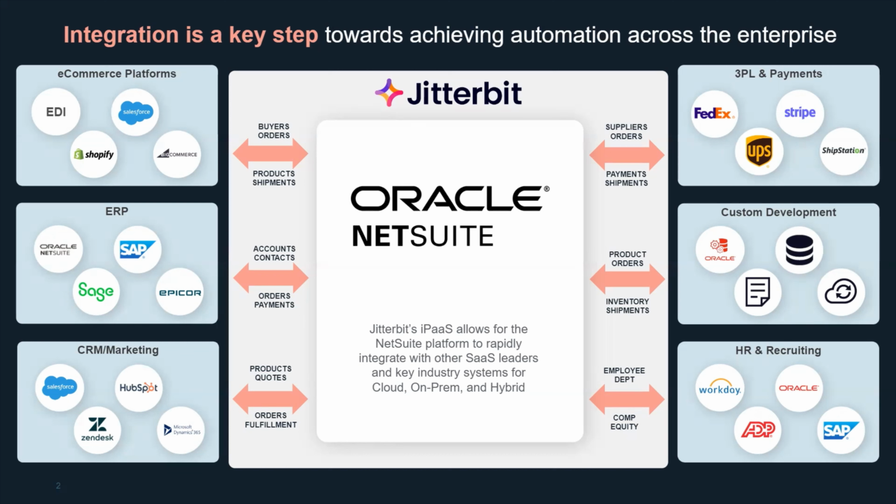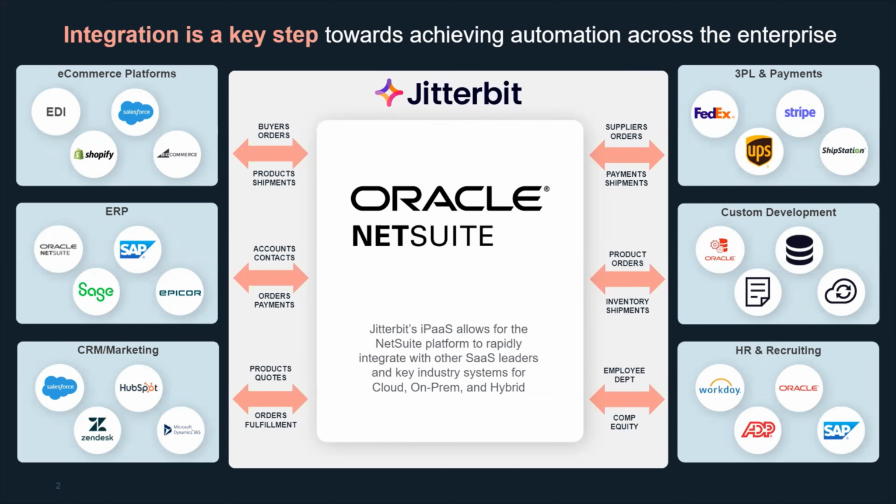So with integration technology, the data from those applications is passed back and forth through NetSuite or connected with each other. This is really important because it eliminates the need for manual processes such as copy and pasting data from one application to another.